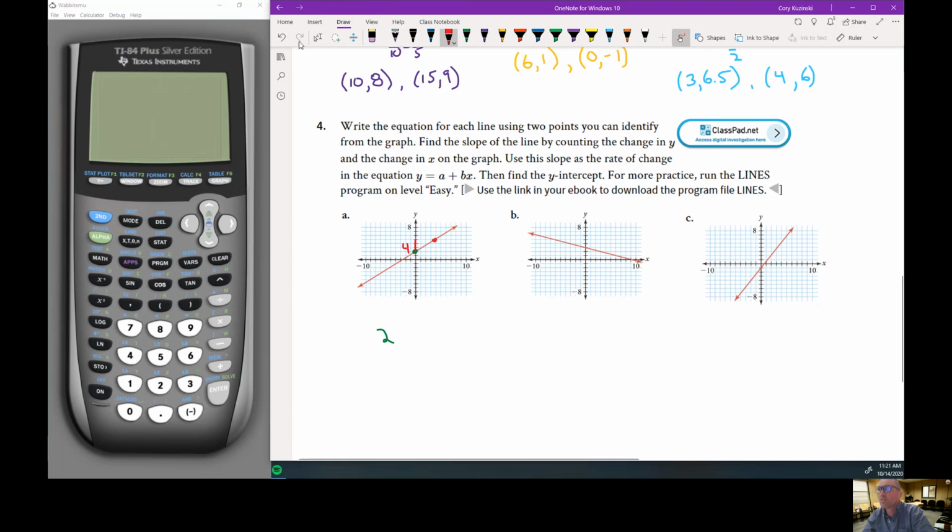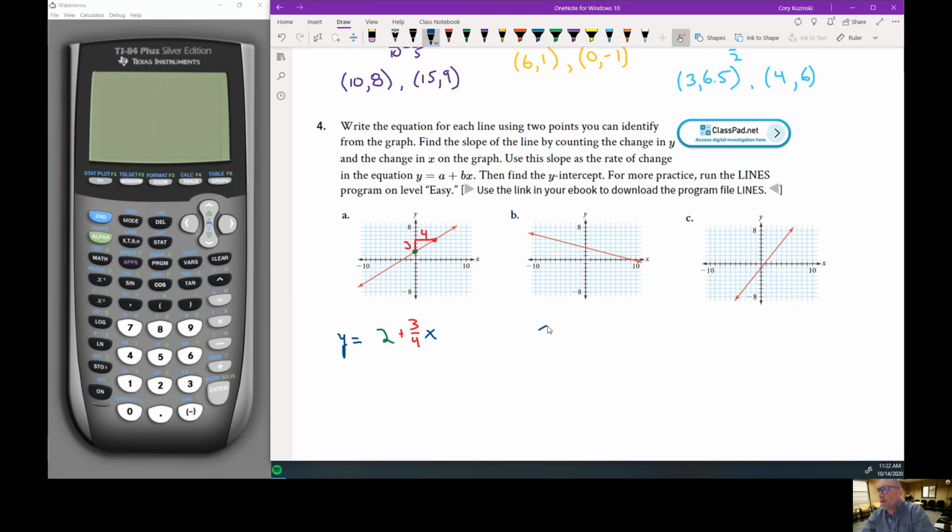Oh, that's only 5. So it's an increase of 3. And our x values go from 0 to 1, 2, 3, 4. So plus 3/4 times x. Y equals 2 plus 3/4 x.